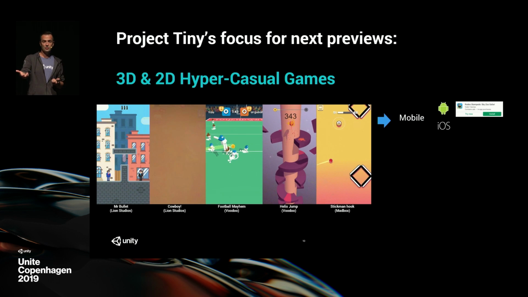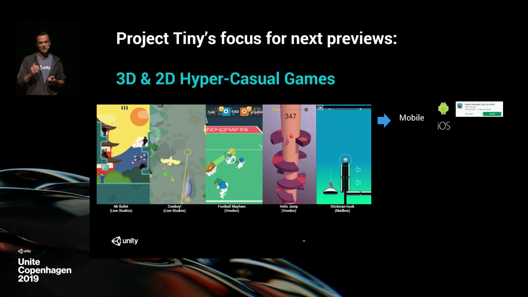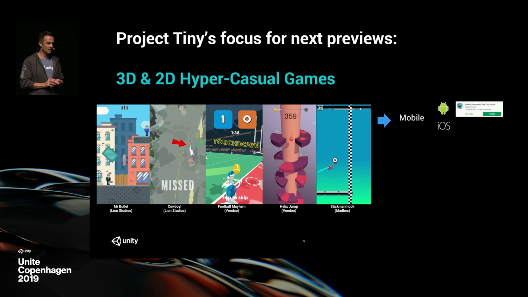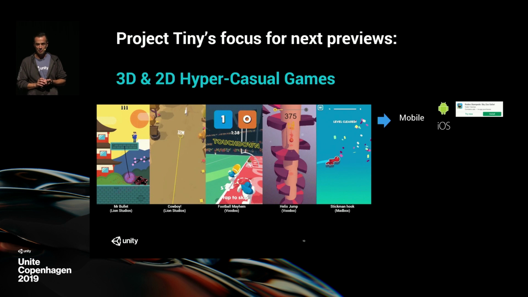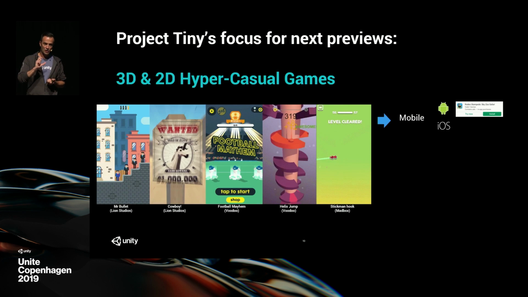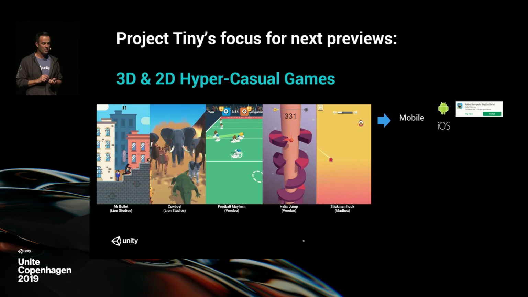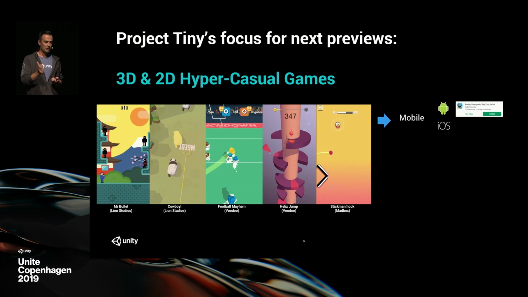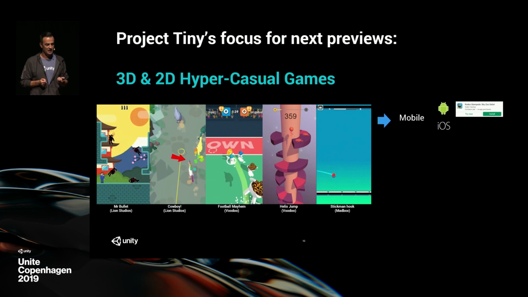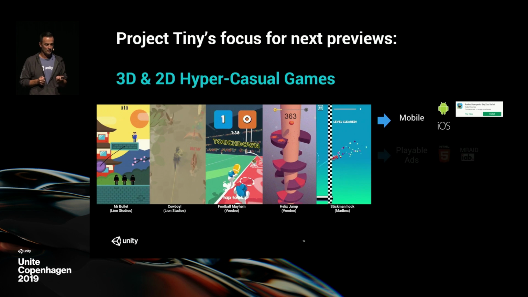You can actually do that right now with Unity, except with the size limitation that Google imposes on that type of format. It's tricky. It is possible, but it requires a bit more effort. So we want to make that scenario really easy and accessible for you.